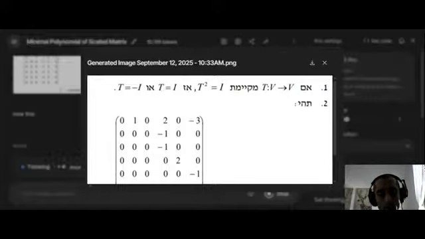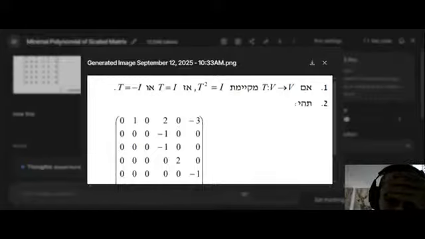So T squared equals I. Oh, we don't see what it is not equal to here.